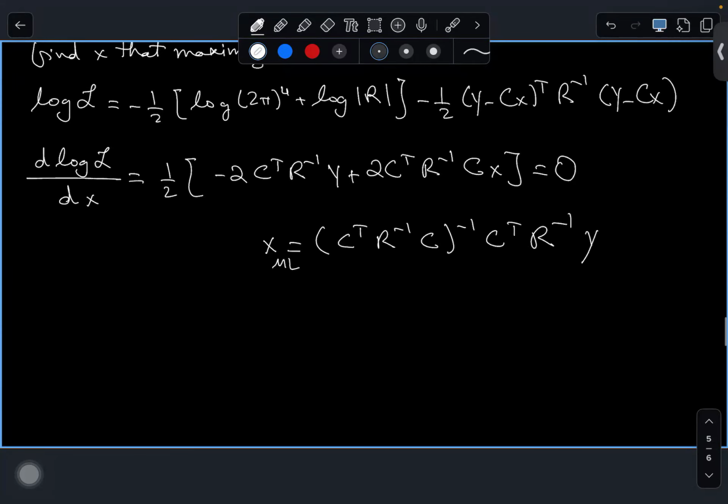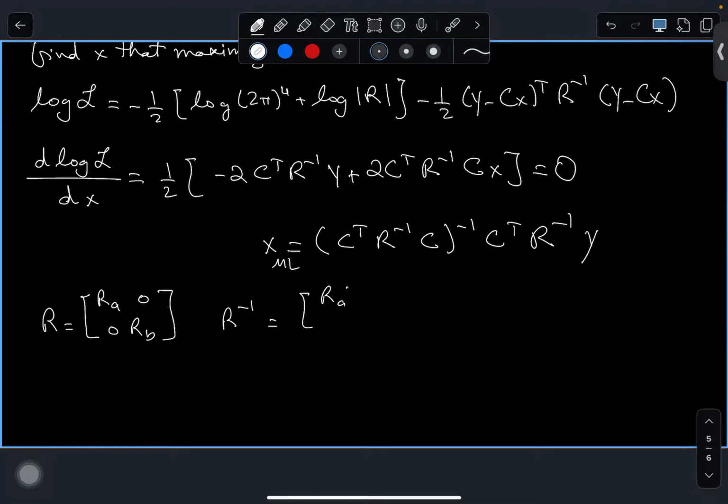All right, so that's just some algebraic representation. Well, what does it mean? Let's simplify this and understand what does it mean. So remember, R was our variance covariance. This was RA and RB. It's a 4x4 matrix. So then R minus 1 is RA minus 1, 0, 0, RB minus 1. That's what R minus 1 is. And remember, C was this 4x2 matrix, identity 2x2, identity 2x2.